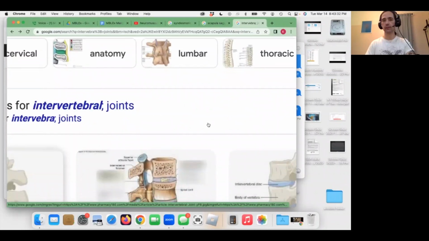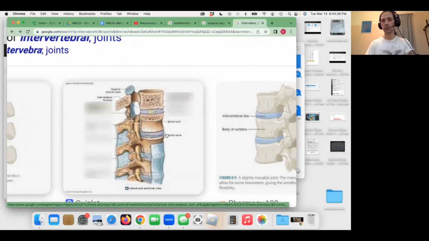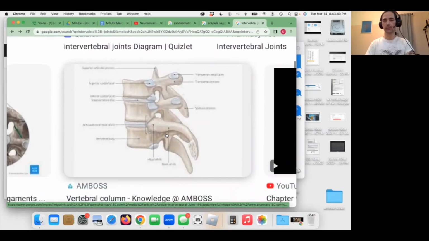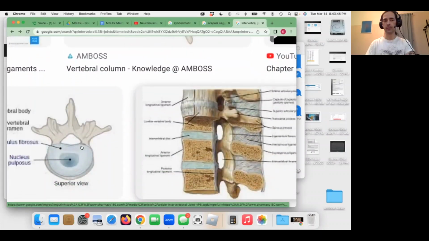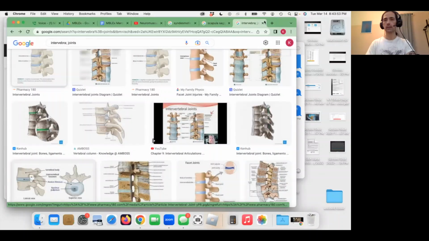They have a very tough exterior made out of connective tissue. Over time they become compressed and their integrity starts to break down, but they start out life as fibrous connective tissue with fluid on the inside.